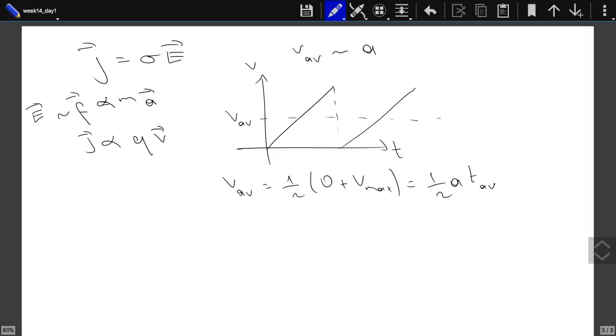And you see that the current density is basically proportional to the average velocity, but the average velocity is typically proportional to the acceleration. And hence, the current density is proportional to the acceleration, which is proportional to the electric field. What is the average time, though?